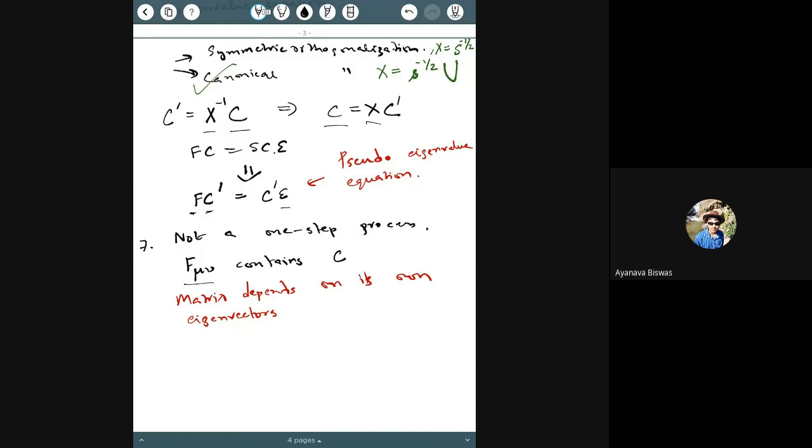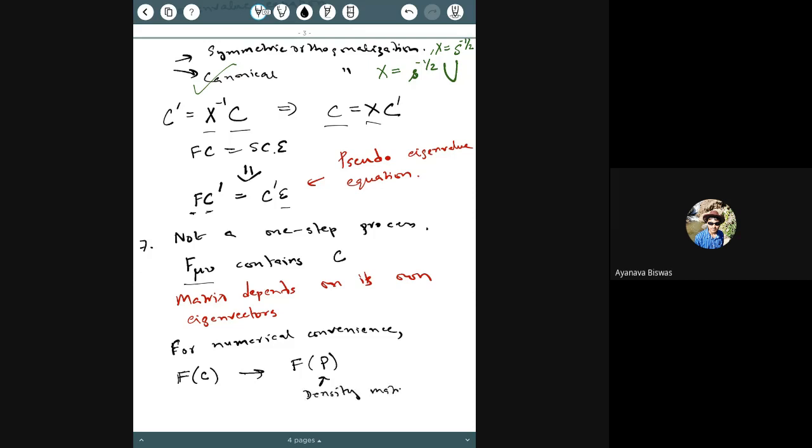That is why. And instead of doing it directly with C, for numerical convenience, instead of writing the Fock matrix as a function of C, we write it as a function of P, where P is the density matrix.